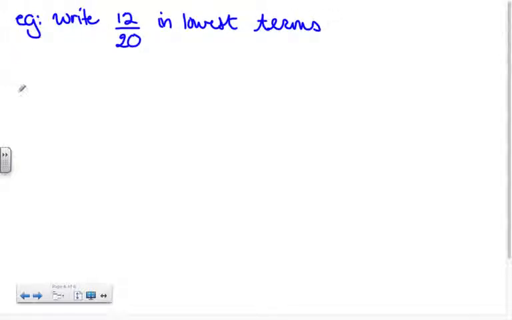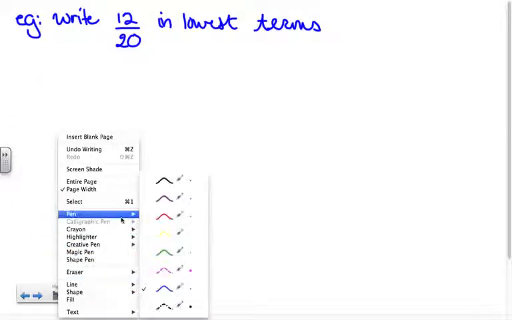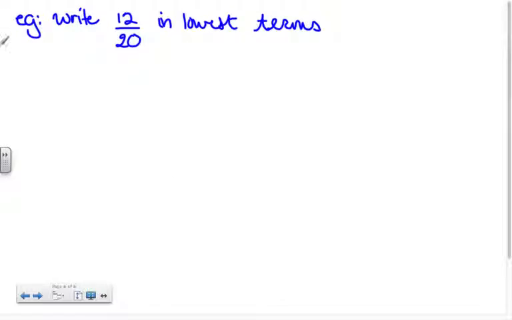That's the first example. How would I do that? So the solution for this.